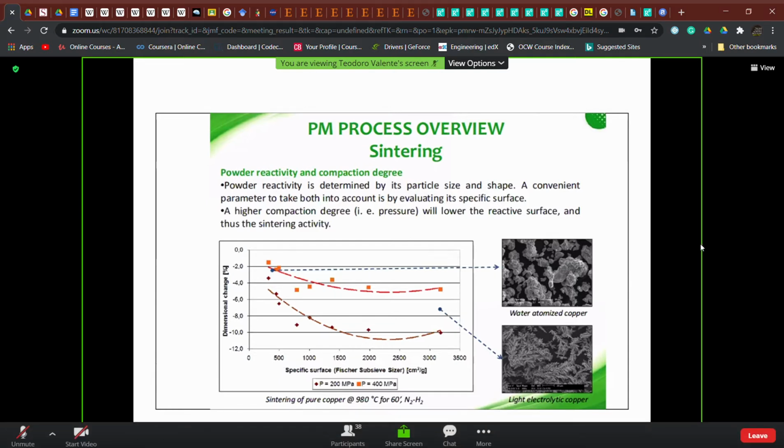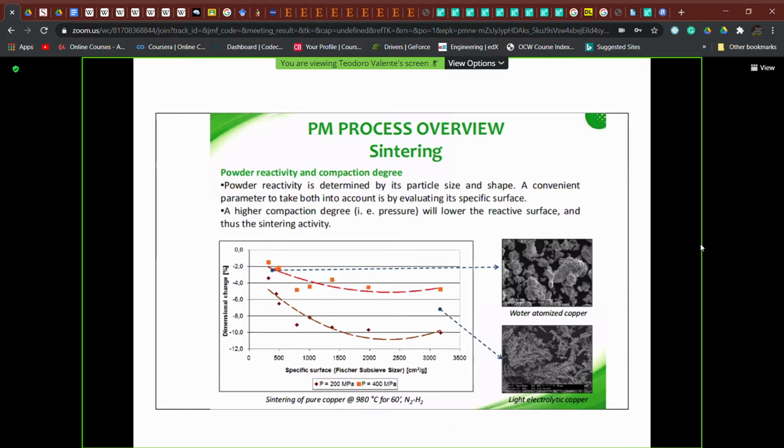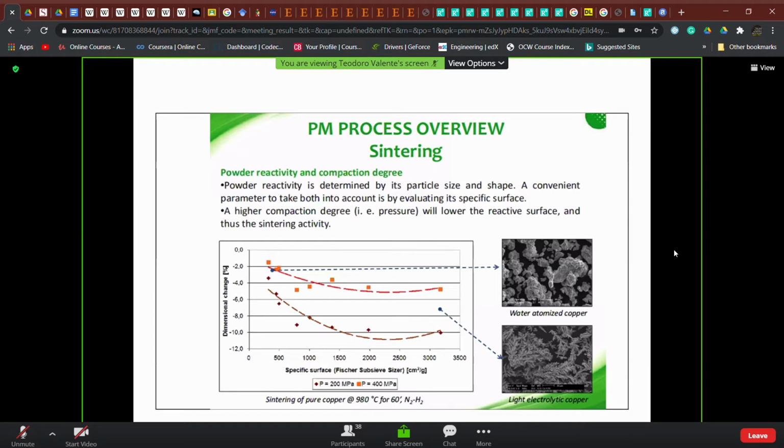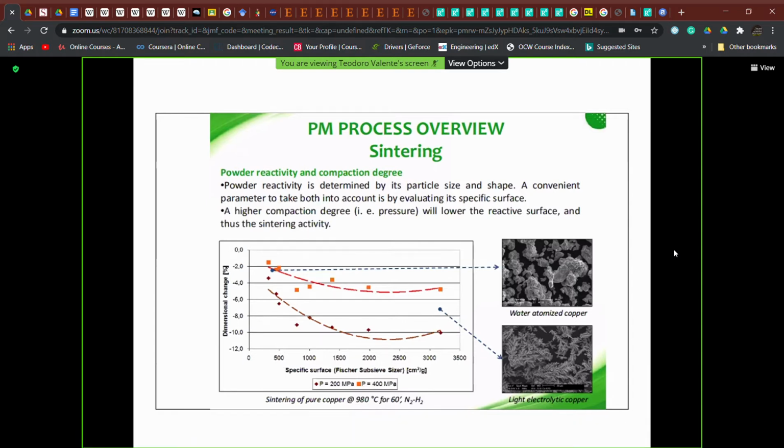surface of the powders. And if we have a higher compaction degree, that is a green body with a higher density, the reactive surface will be lower, and thus also the sintering activity will be lower.